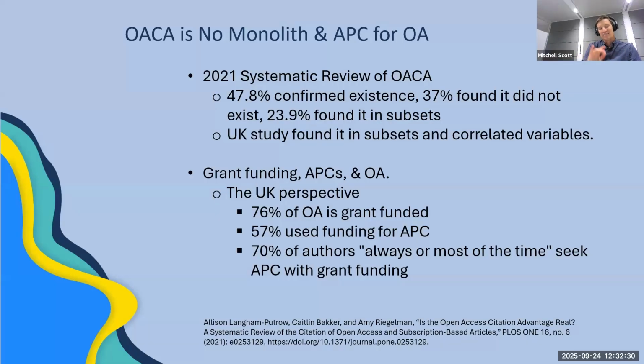So we think it's interesting to view this from the perspective of one institution and the disciplinary focus of its researchers and authors. But outside of this context, it's interesting to unpack all of the various variables that can be correlated to OACA variants.